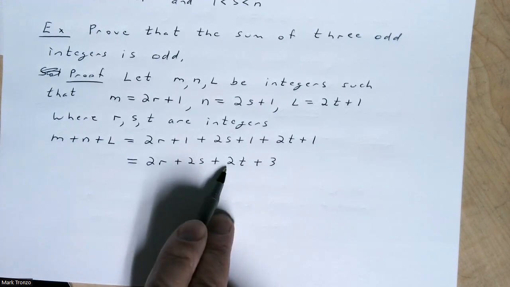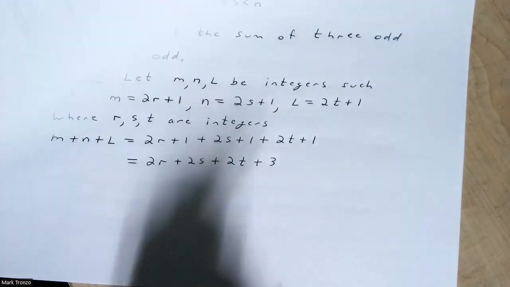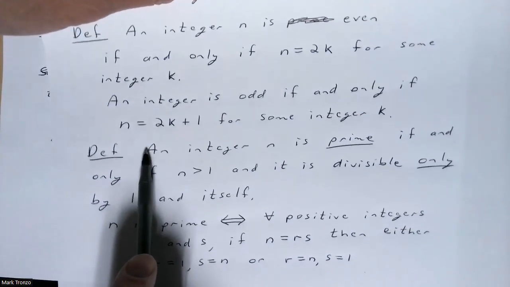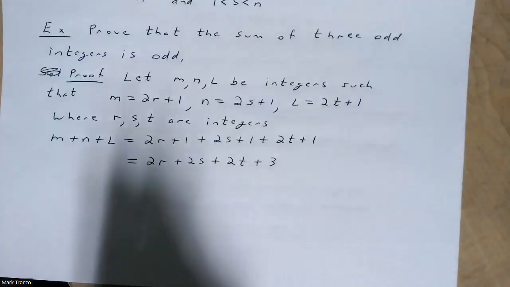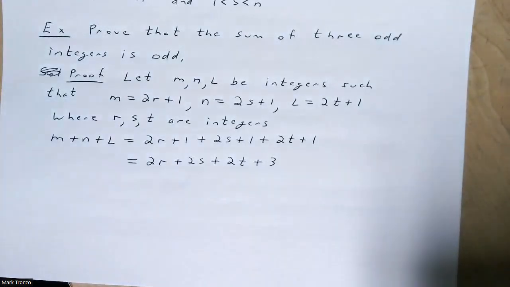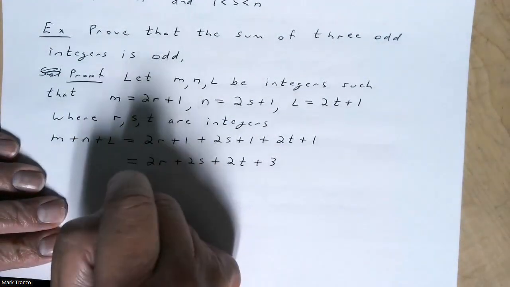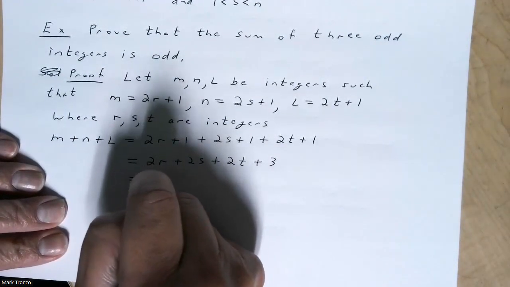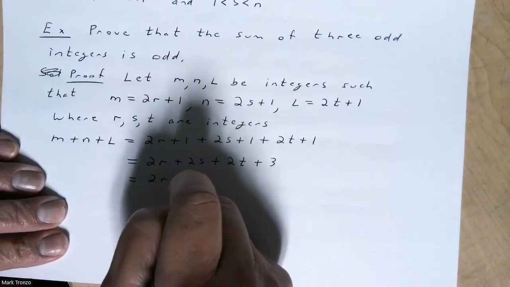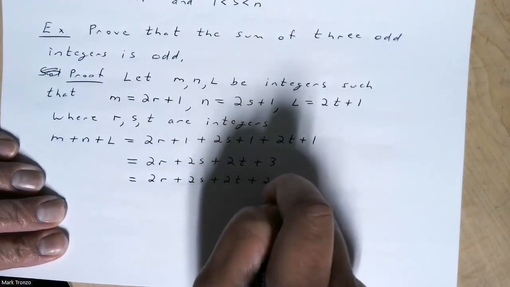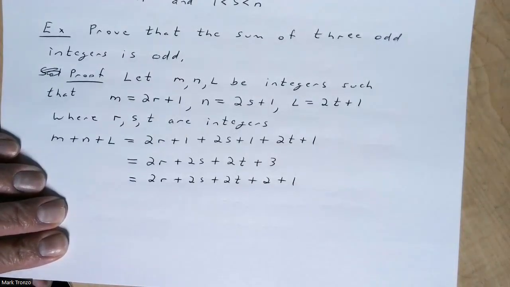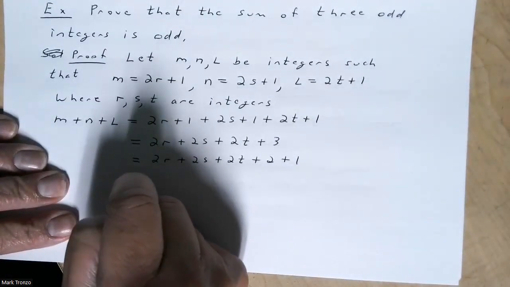Remember, to prove that it's odd, we have to show that we can get it into a form like this, 2 times some integer plus 1. So let's work with this. Let me rewrite this a little bit. Let me put a 2 over here like this. Now I'm going to factor out a 2.